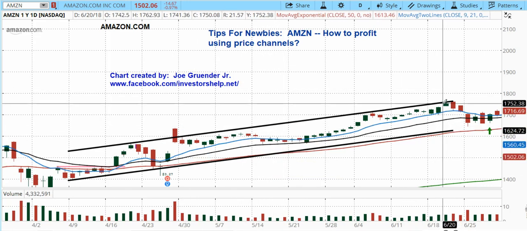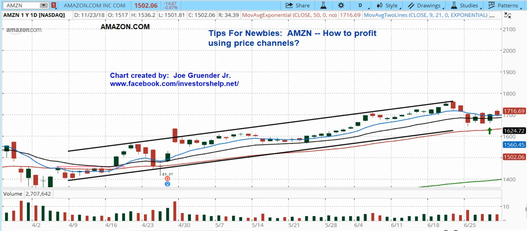Before I do that, let's take a look here. As you can see, here's where it was a low right here. What did price do? Price went up to this channel because that's where I drew the line, and it came back to the bottom of the channel. Then we had earnings, and of course it popped up.